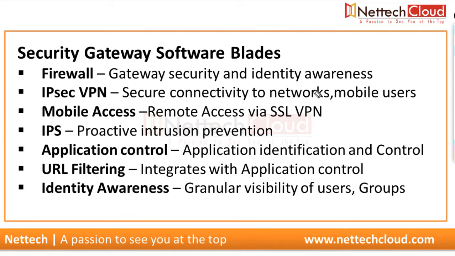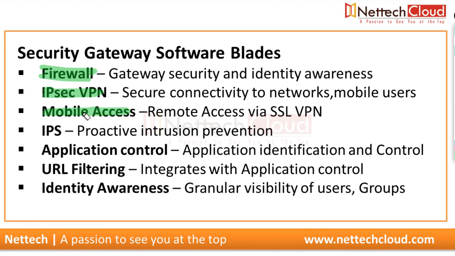And here in Check Point firewall, there are different types of software blades. Let's start with the first one. The first one is firewall, gateway security and identity awareness. The next one is IPsec VPN, secure connectivity to networks, mobile users, like terminating VPN connections, mobile access.